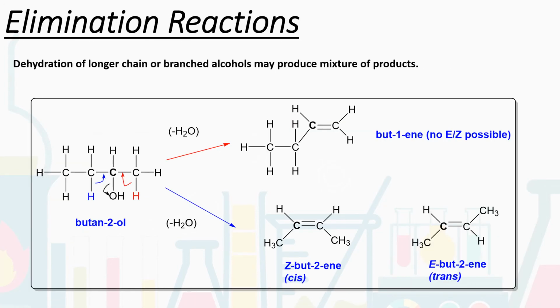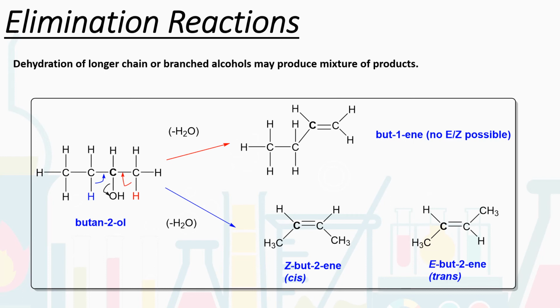Now, if you have longer alcohols, then we have to be careful where we do this dehydration because we may end up with a mixture of products being formed because there are different hydrogen atoms that we can essentially take to do this dehydration reaction. So if we take an example such as butan-2-ol, in any case where we have our OH group that's not exactly in the middle of the chain, we're going to be able to have these isomeric products.